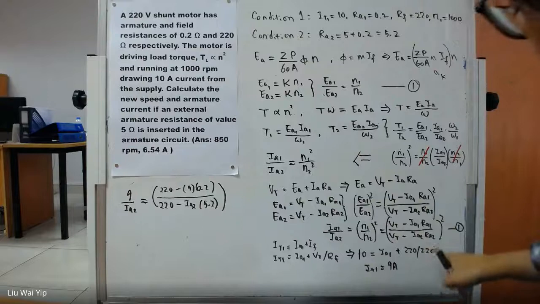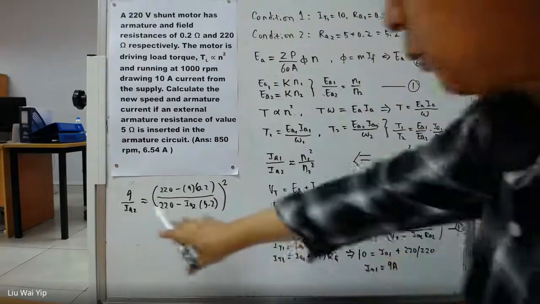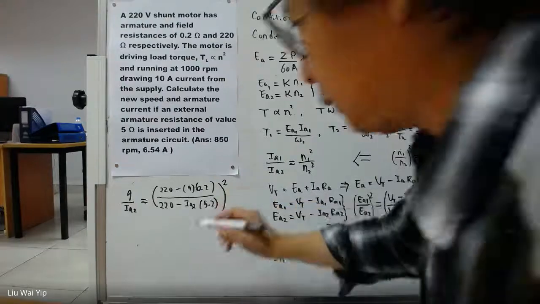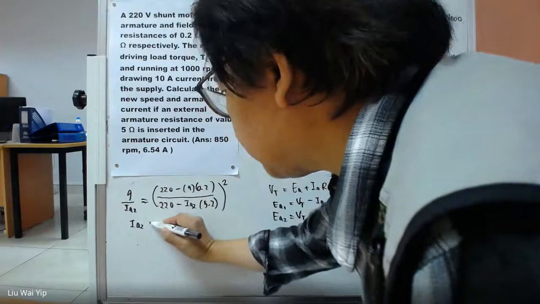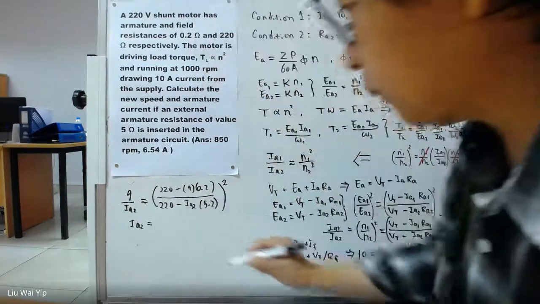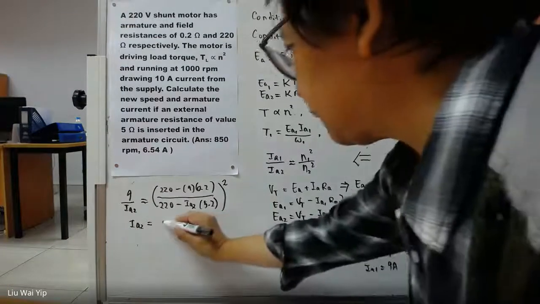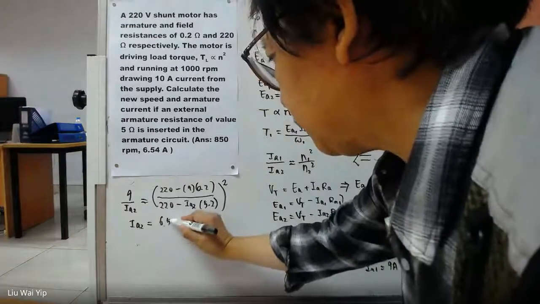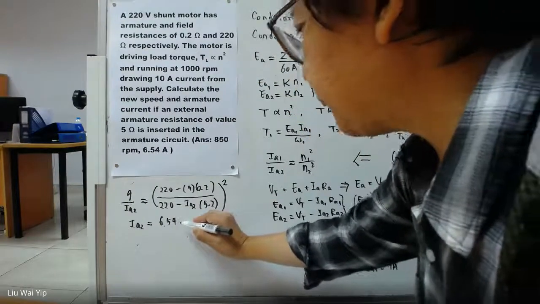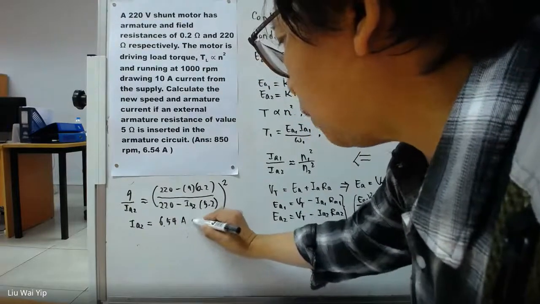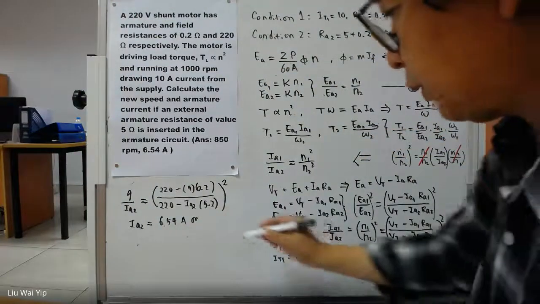Oh, sorry, I missed the square here. If you solve these equations, then you will end up with IA2 being equal to two values: 6.454 ampere, or 274.